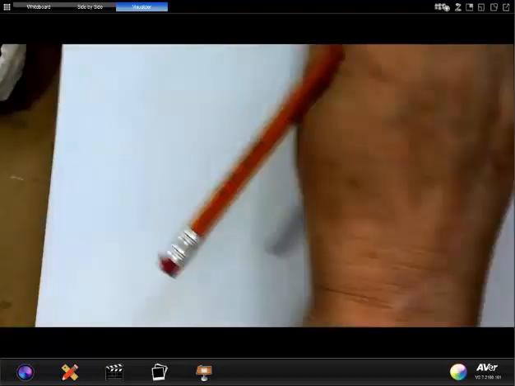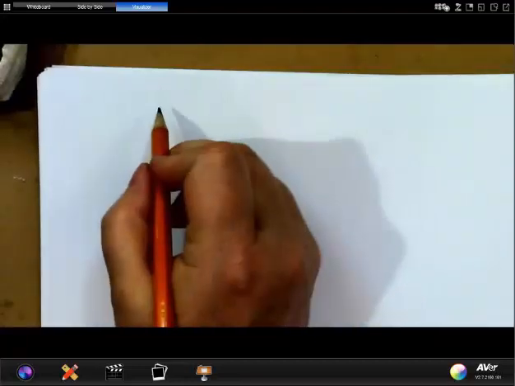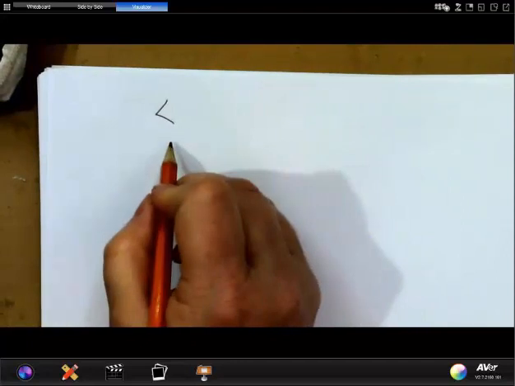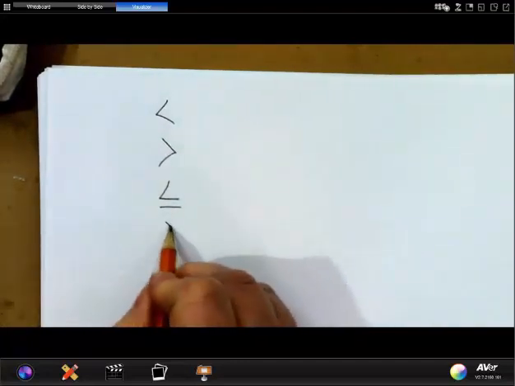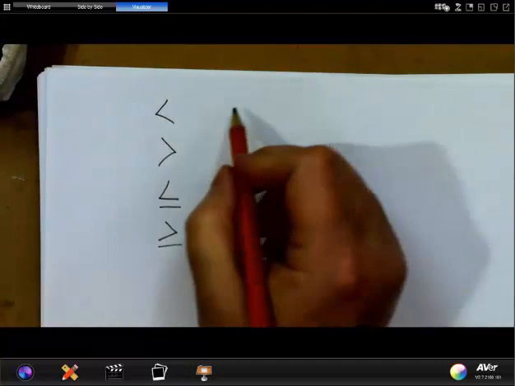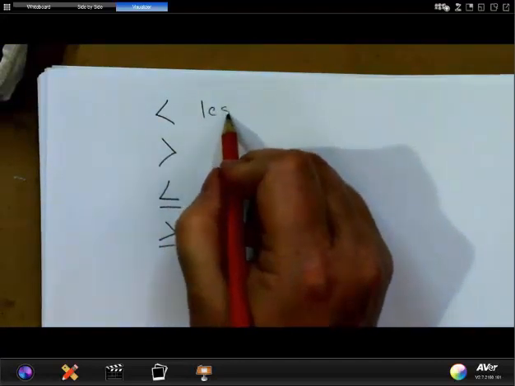All right, the last thing for 1.1 is going to be inequalities. Now, there are 4 types of inequalities. We have less than, greater than, less than or equal to, and greater than or equal to. So this is less than.